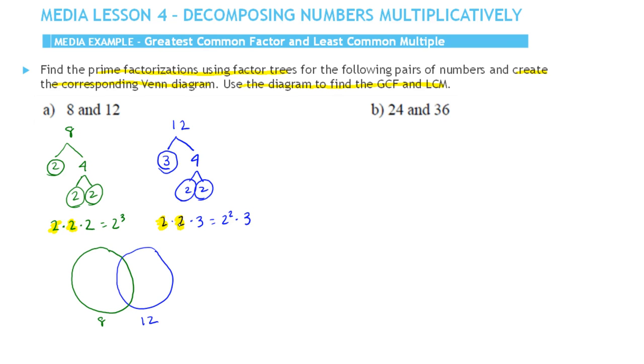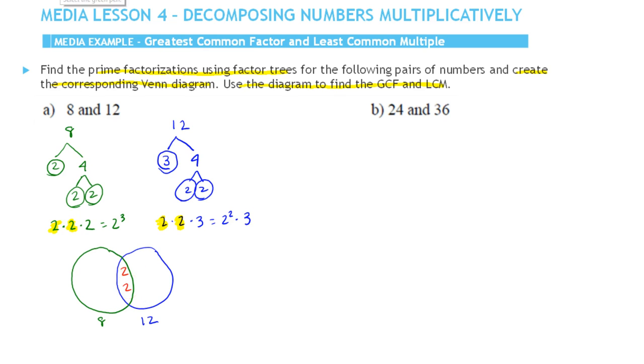So even though 2 is one number, it's not 2 different numbers. If there's repeated factors, you want to include them. So I'm going to put this in the intersection, and I'm going to use red. So I'm going to put the 2 factors of 2 in there. So that's representing 2 factors of 2, not 22.